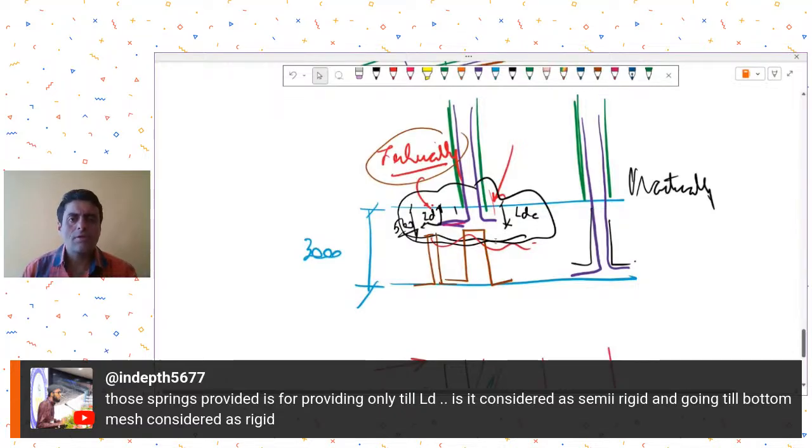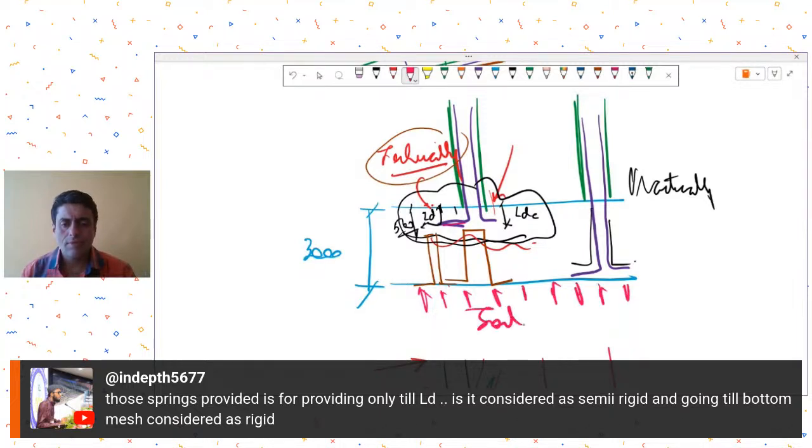No. Even if you're not taking it to LD, in case of a raft you will be providing supports because of the soil. You're not going to provide support over here. Your soil supports have to be provided at the bottom.